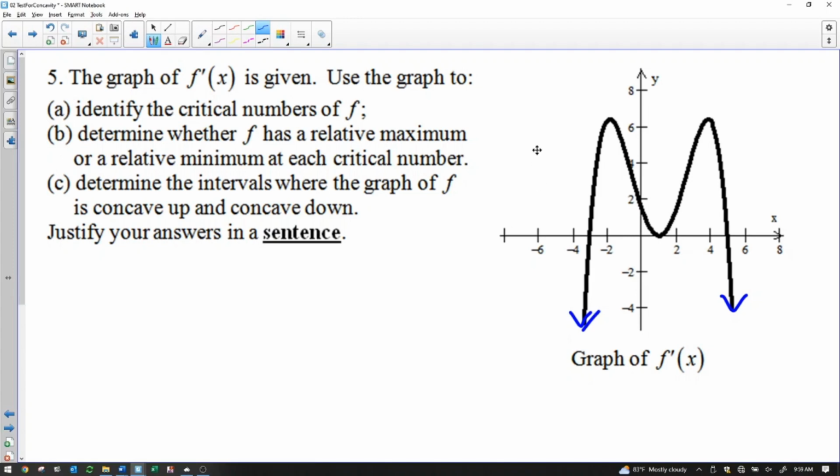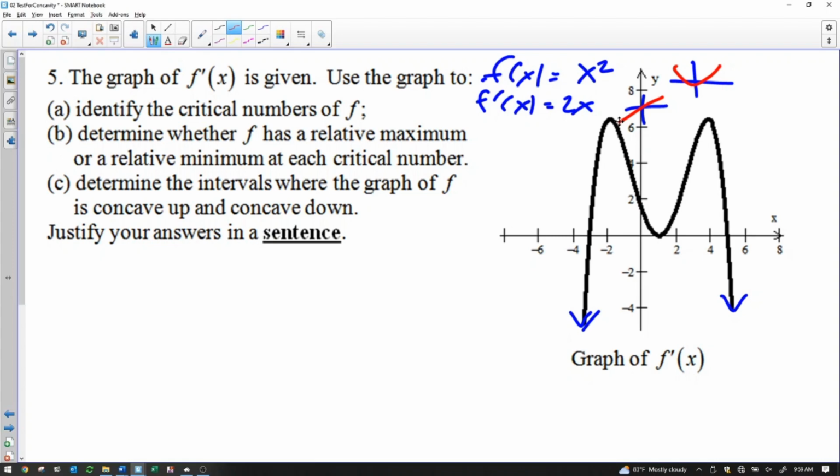So if I told you f of x, let's just do an easy one, x squared, what would f prime of x be? 2x. Well, if I graphed x squared, it would have a curve, right? But if I graphed 2x, wouldn't it have its own curve? Right? So now we're not always giving you a curve of f. This is a curve of f prime. So everybody good with that?